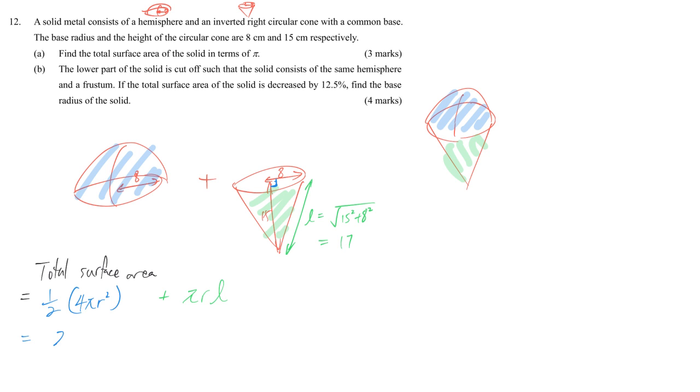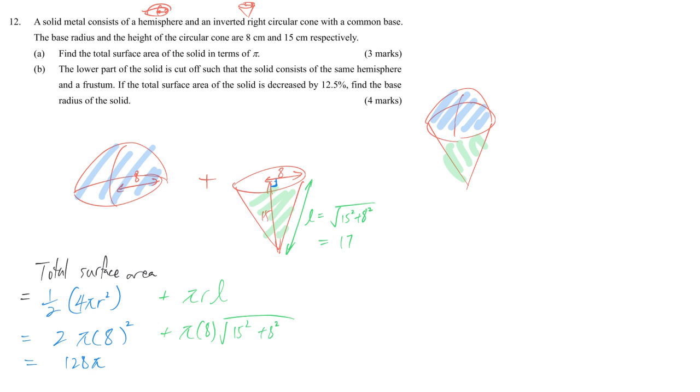So we get it part by part. 2 pi r squared, r here is 8, and then we get 128 pi. For the green part, r is 8, while l, which we just got using Pythagoras' theorem, is the square root of 15 squared plus 8 squared.